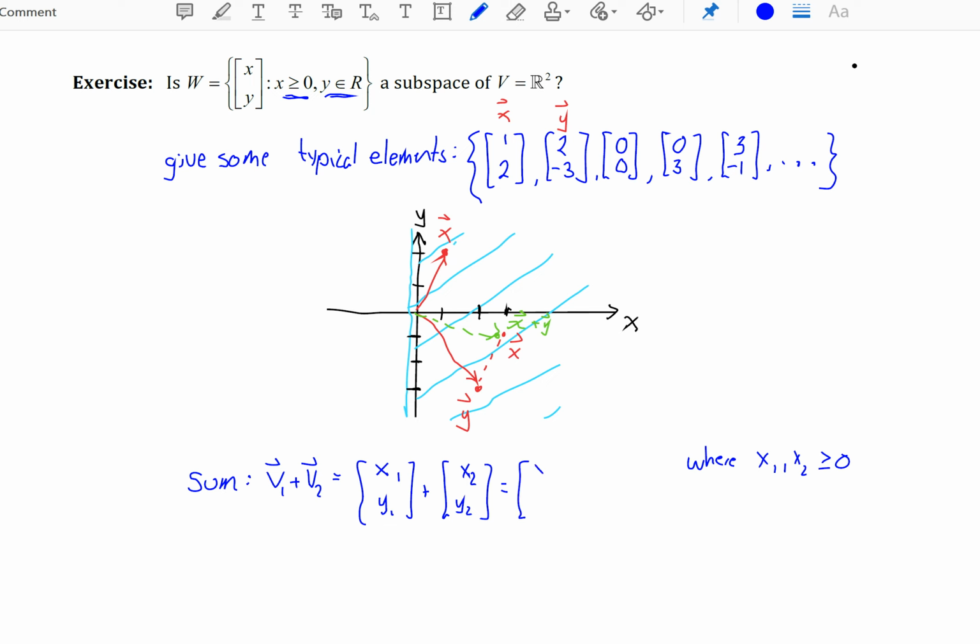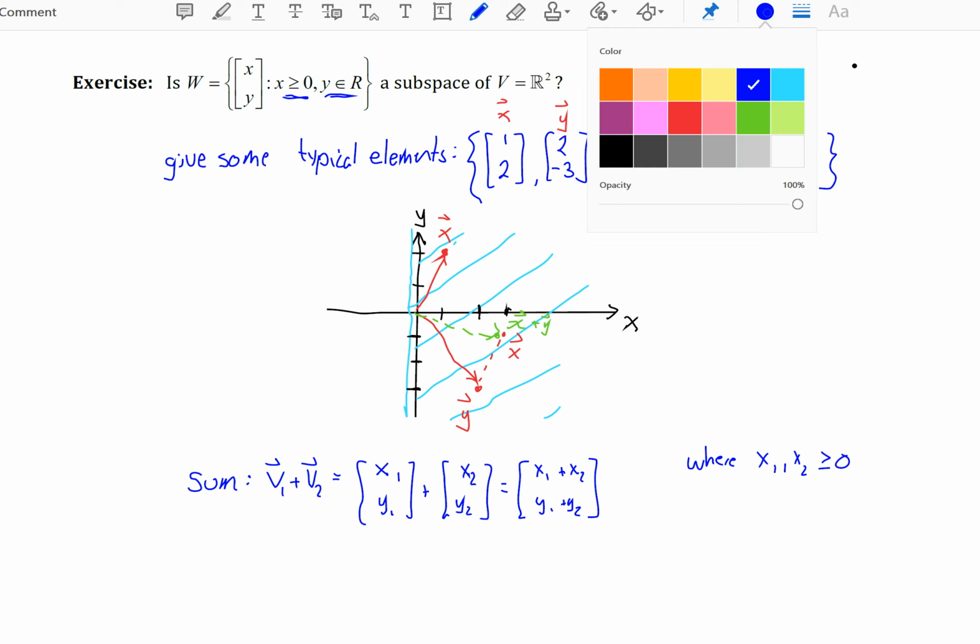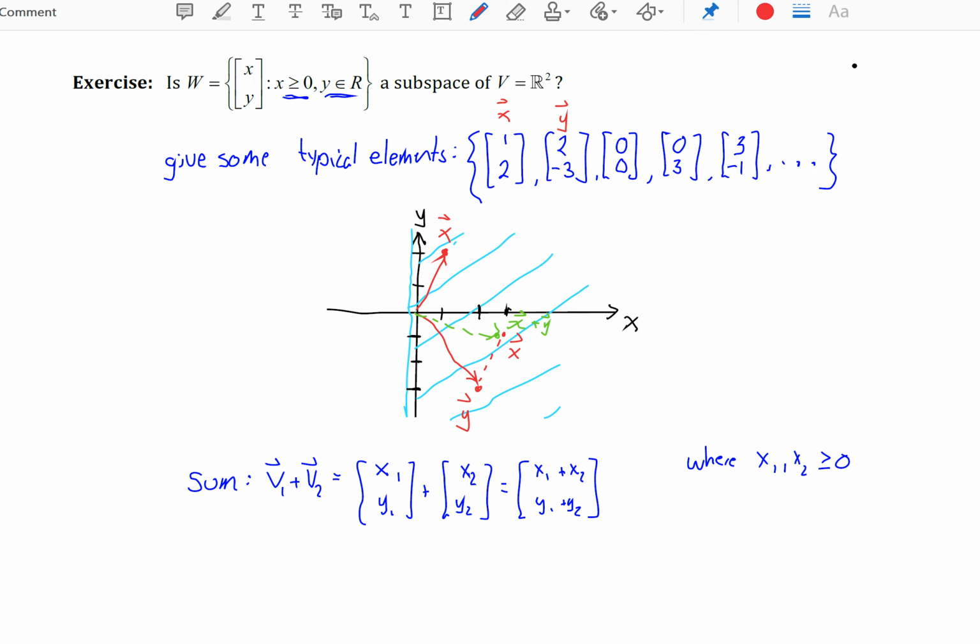Then when you add these together, will x1 plus x2 still be greater than 0? That's the only requirement here, x must be greater than or equal to 0, y can be anything.